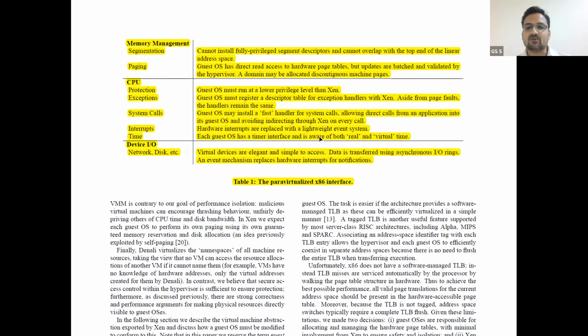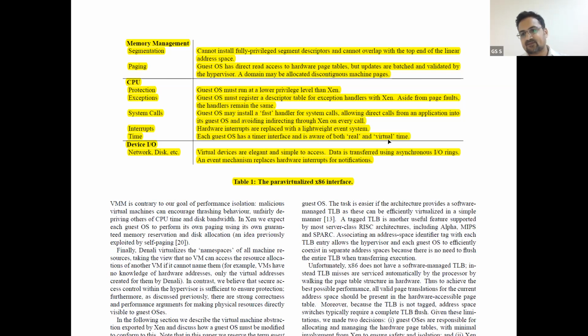I have a single mouse, a single speaker, a single set of IO devices, so somebody is required who can manage these things. We give this responsibility to the virtual machine monitor. But now how will the virtual machine monitor give mouse, speaker, keyboard to every individual virtual machine? That will happen through that important data structure.